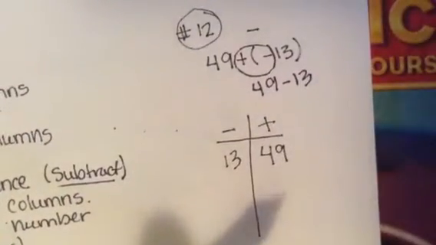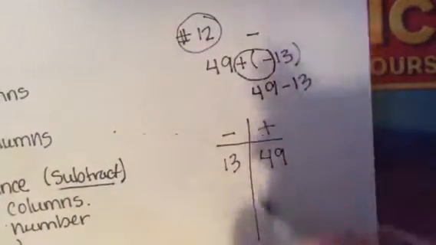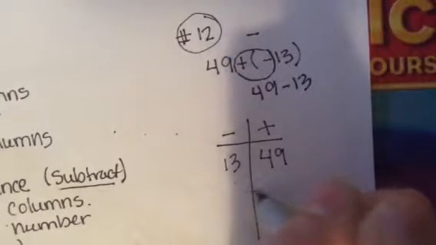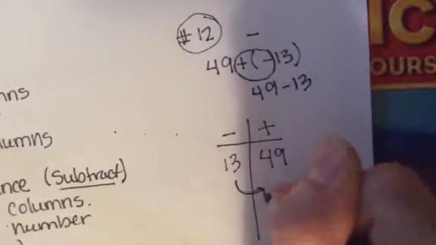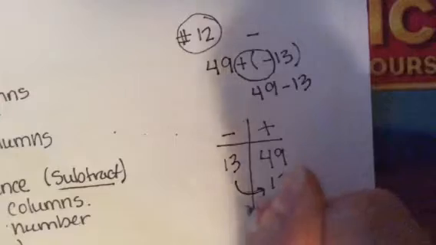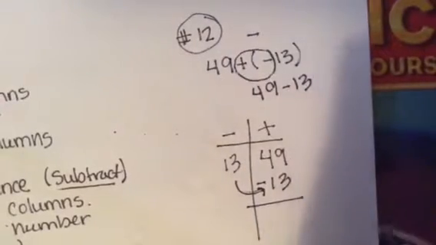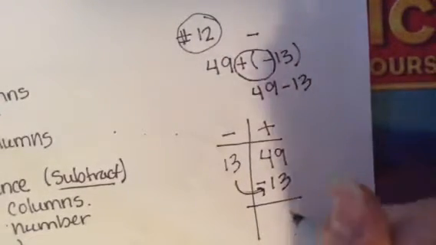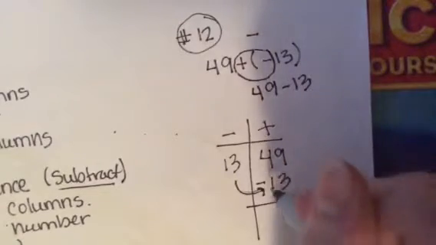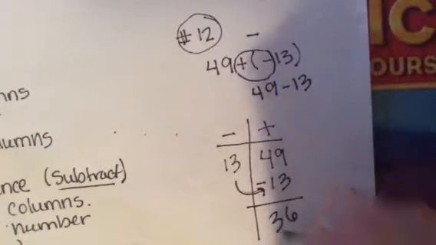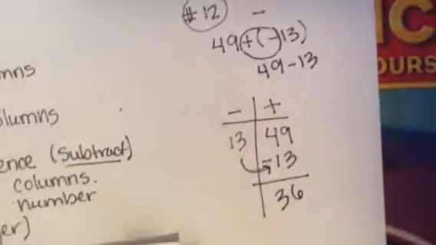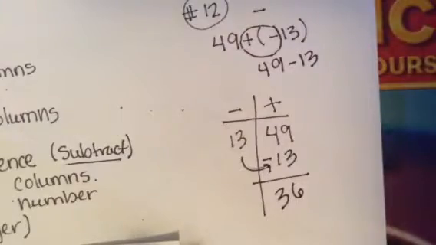So in this case, 13 is the smaller one, and I'm going to bring it over. And I'm taking the difference, so I'm subtracting. So I have 9 minus 3, which is 6, and 4 minus 1, which is 3. And so I have 36, and then I'm almost done.